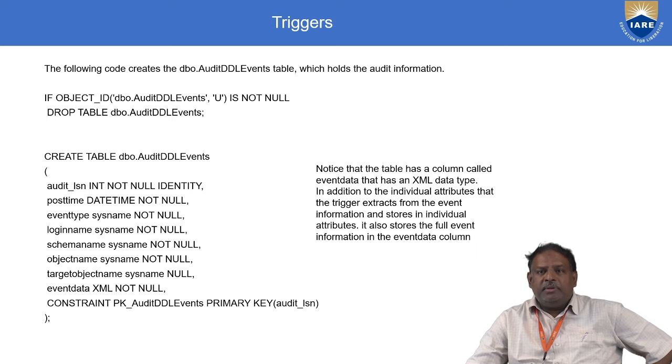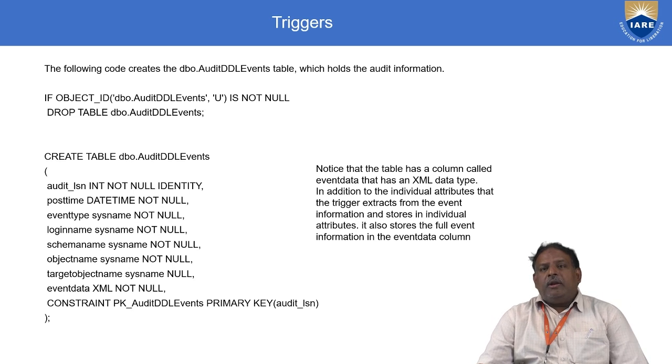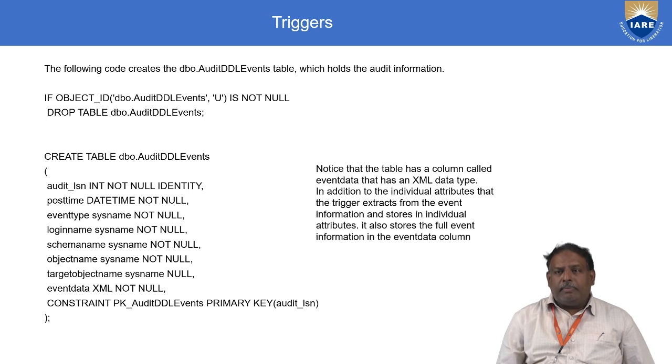The schema is nothing but a group of objects bound together under one entity. Then schema name, object name, target object name, and event data in XML format, XML data type, and a constraint. This is considered the primary key.